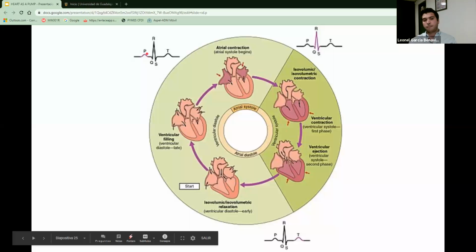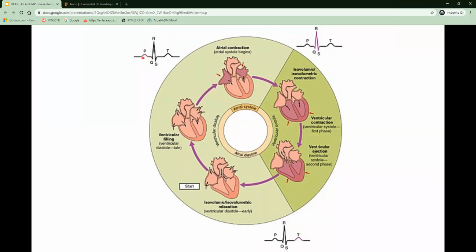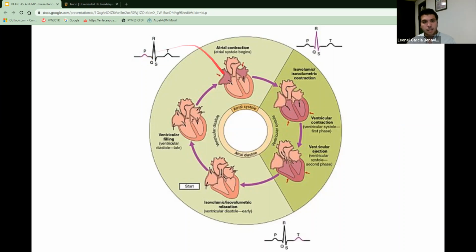This is going to have different patterns. As we know in the electrocardiogram, it's very important for the clinical manifestations of this conduction system. The P wave is going to be the depolarization of the atriums. The QRS complex is going to be the depolarization of the ventricles.